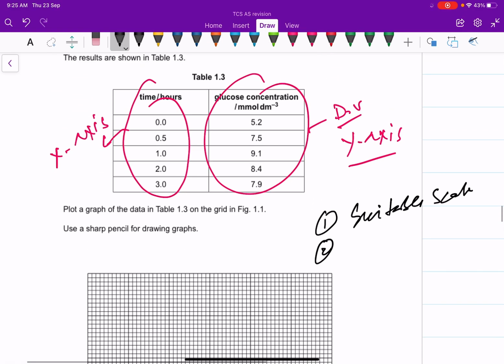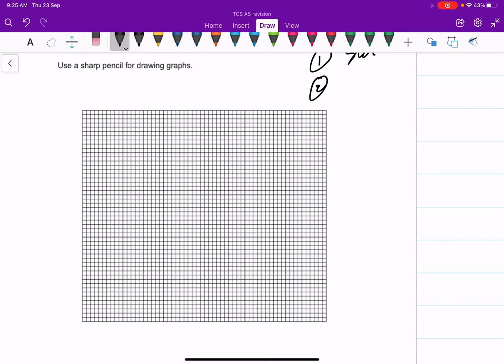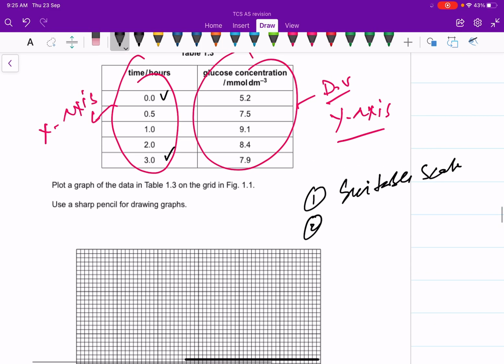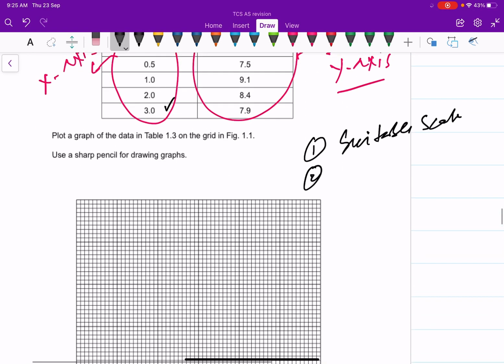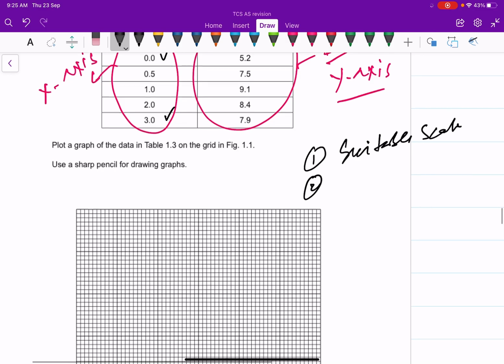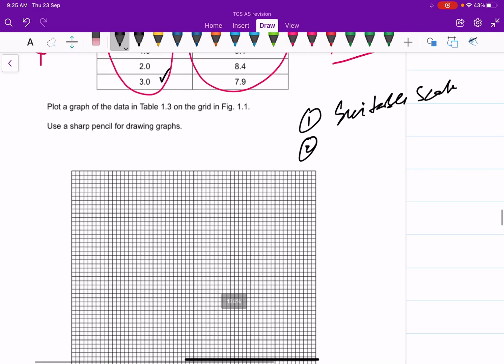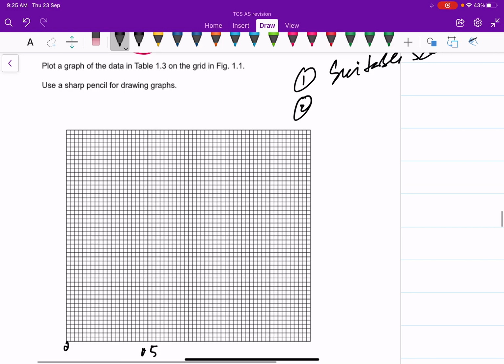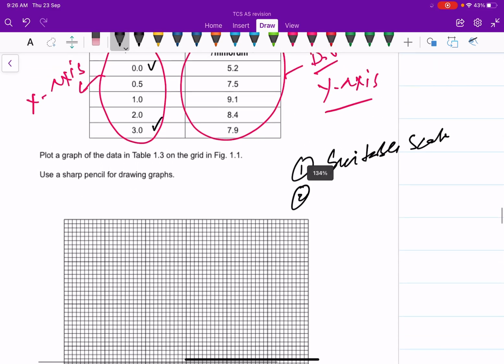Okay, so let's see, from 0 to 3 there are 1, 2, 3, 4, 5 and 6 boxes. So it is from 0 to 3, 0.5. So if I take 2 boxes equal to 0.5, so this is 0, this is 0.5, and this is 1. No, this doesn't work.